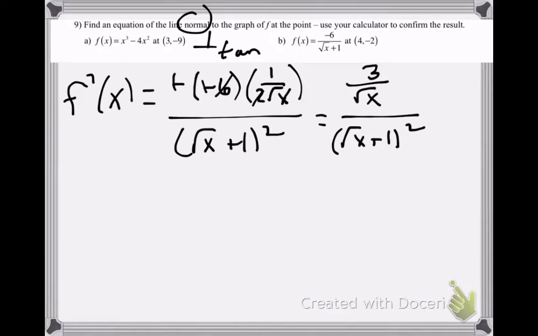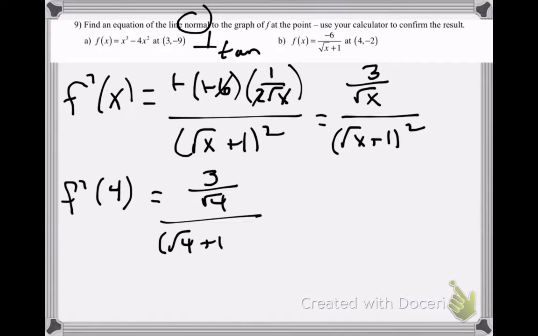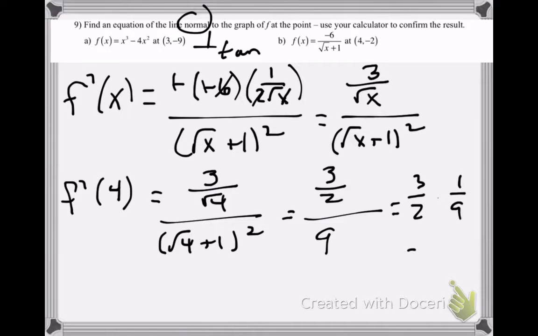Again, we don't need to clean it up much more because the next step is to evaluate this at 4. So I'm going to get 3 over root 4, all over root 4 plus 1 quantity squared. So that'll be 3 over 2 all over 9. And then that's going to reduce, if I multiply by the reciprocal of 9, to 1/6.